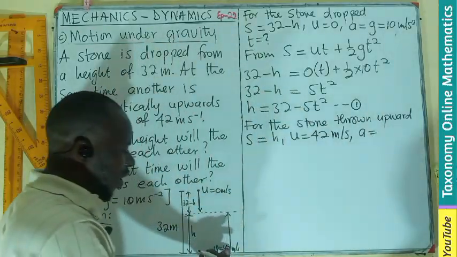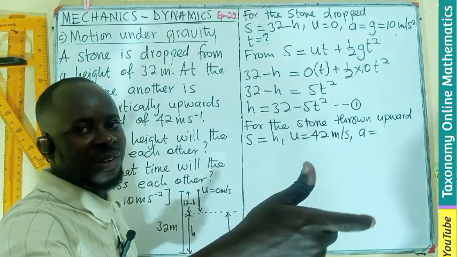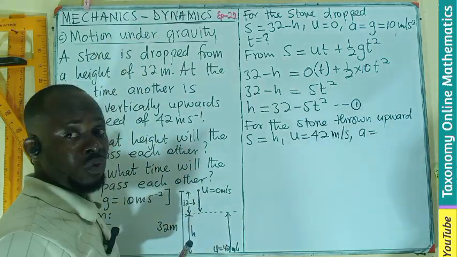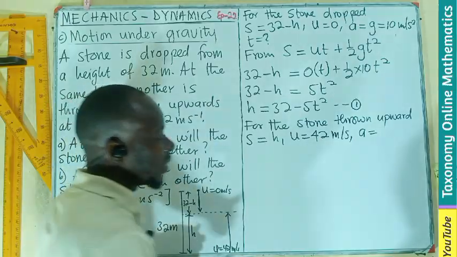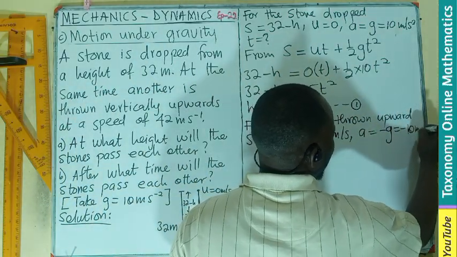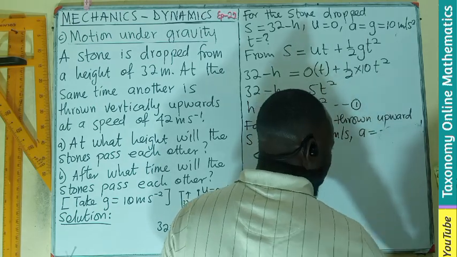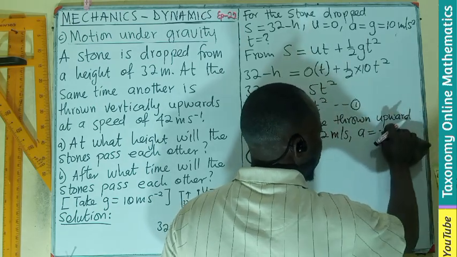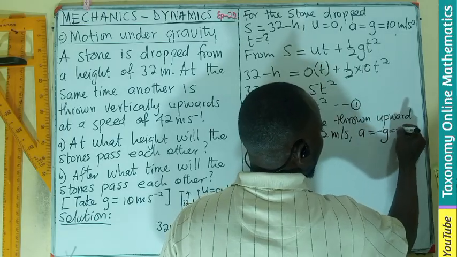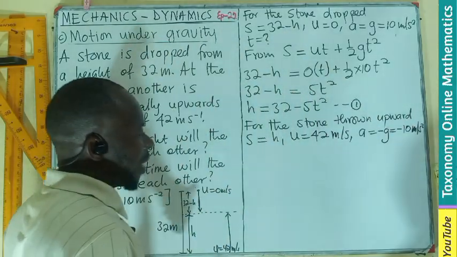The acceleration is now moving in the opposite direction to the force of gravity. Force of gravity comes down. The acceleration here, because it is thrown upward, is in the opposite direction. We have negative g equals negative 10 meters per second squared.